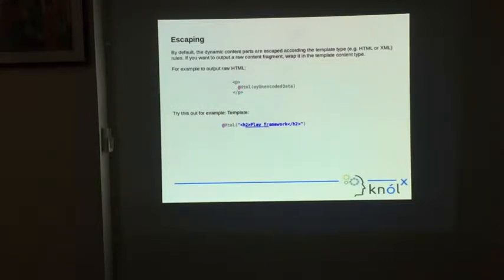You can pass that string into here, and it will display in HTML format. So for example, here we pass the whole thing as a string, H2 play framework, and we display the play framework according to the H2 tag.